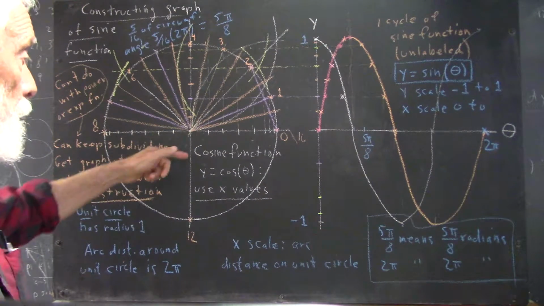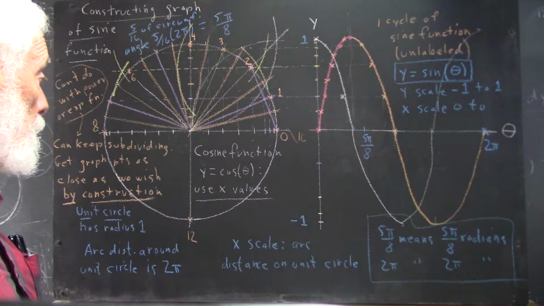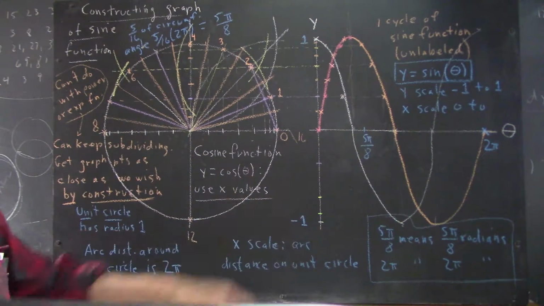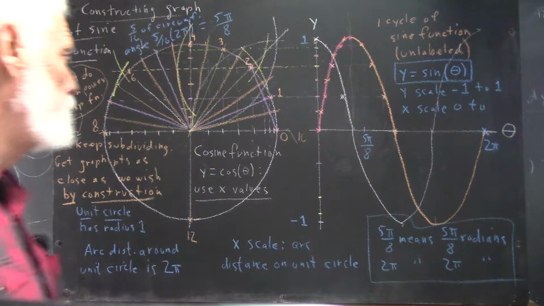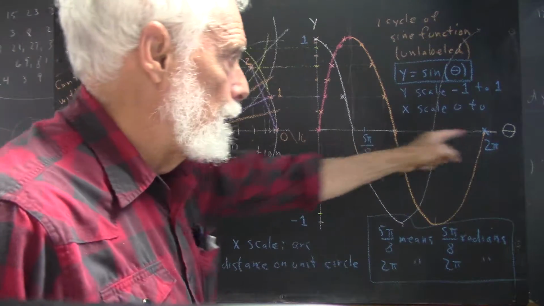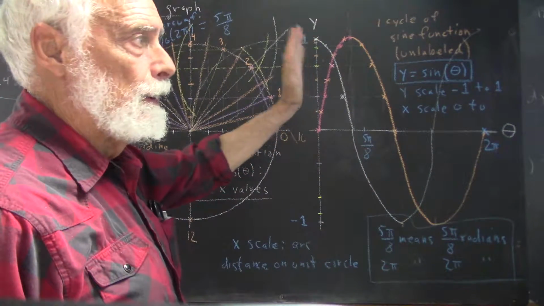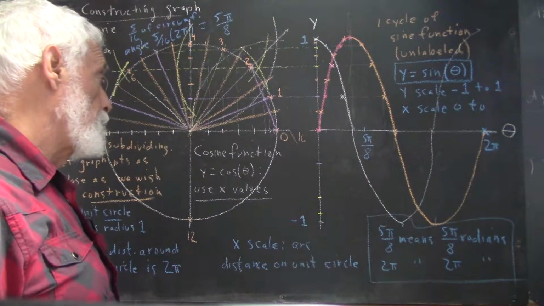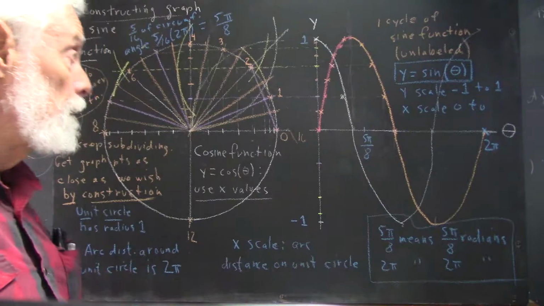Now, the cosine function has one really neat property. The cosine and the sine function have complementary properties. The value of the cosine, it turns out, for a given value of theta, is equal to the slope of the sine graph. So the cosine function is the slope graph of the sine graph.